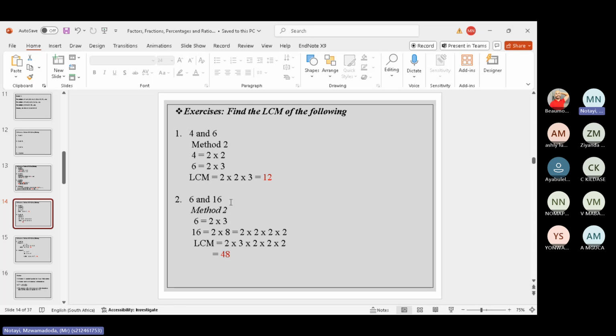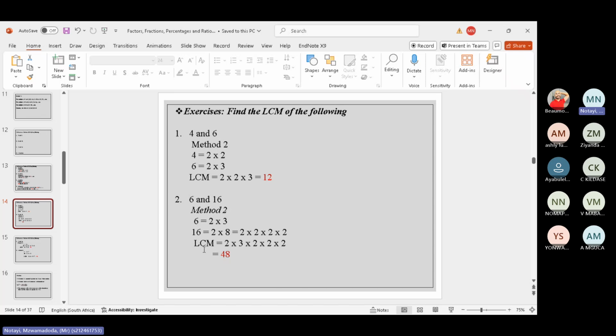Number 2, 6 and 16. We have 6 is equal to 2 multiplied by 3. And then 16 is the same as 2 times 8. And then we see that 8 can also be written in its prime factors as 2 times 2 times 2. Therefore, the prime factors of 16 will be 2 times 2 times 2 times 2.